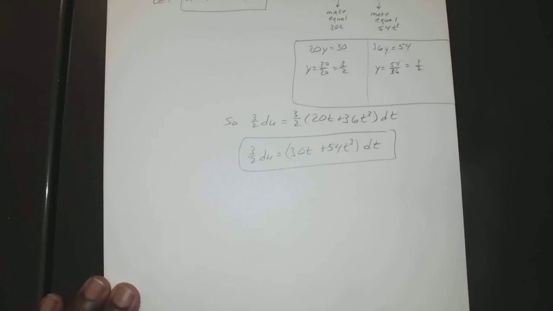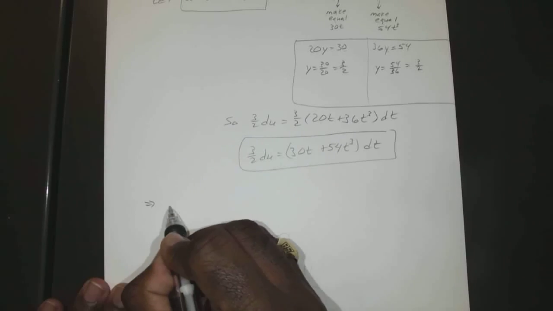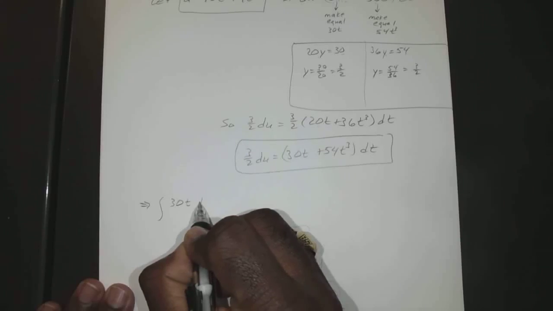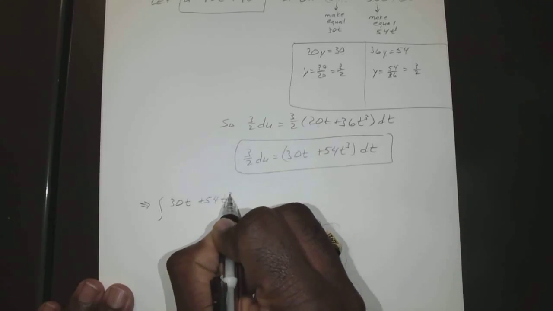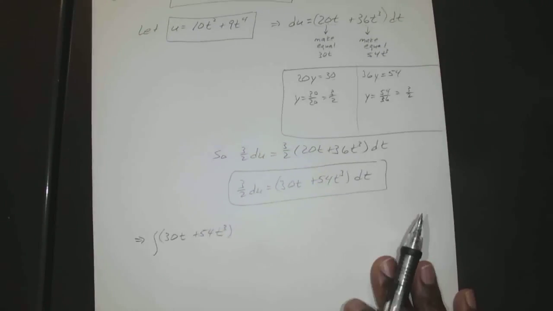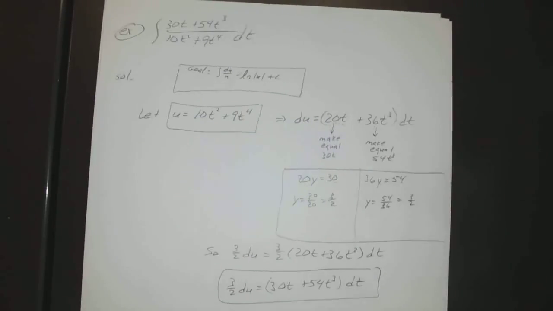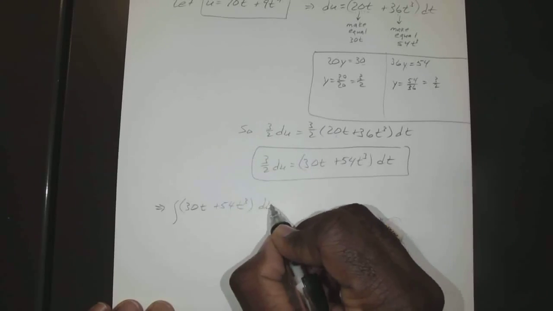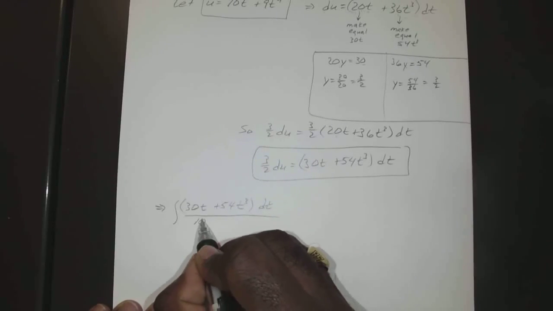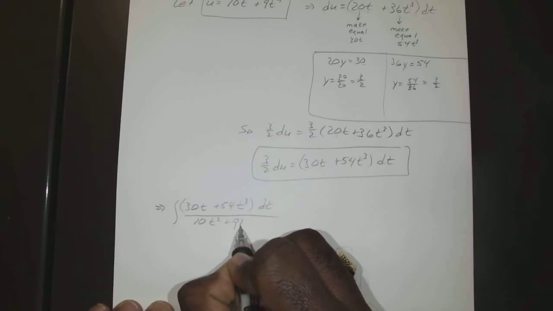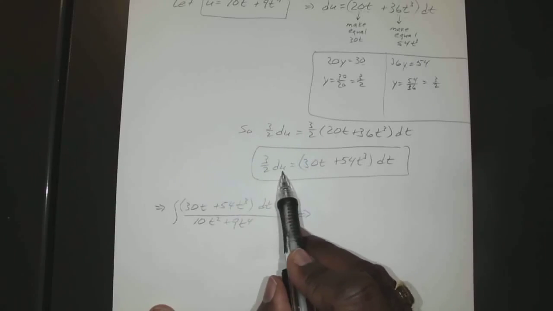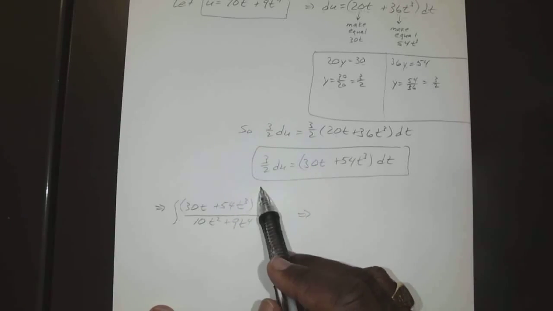All right, so if we rewrite it, we have the integral of 30t plus 54t to the third. Like I said, I bring my dt up just so it matches when I replace it. With respect to t, over 10t squared plus 9t to the fourth. We're just going to rewrite that because this is our 3 over 2 du.